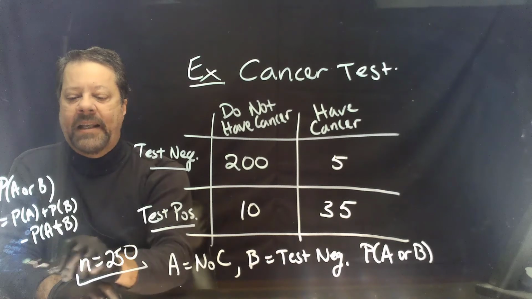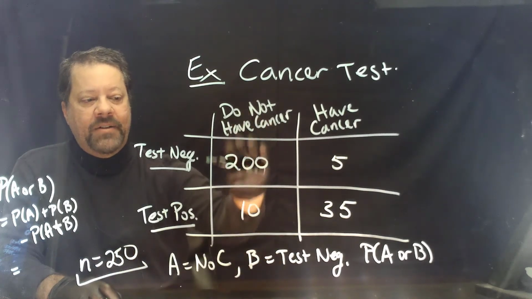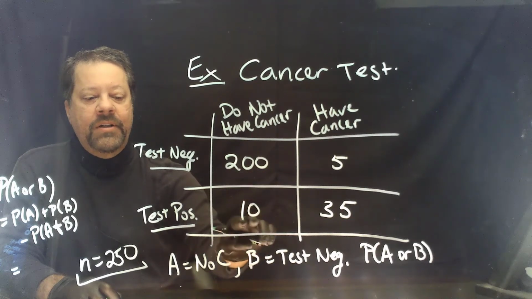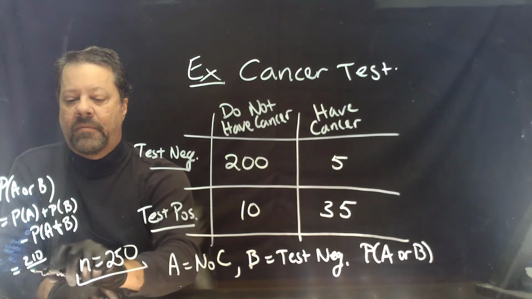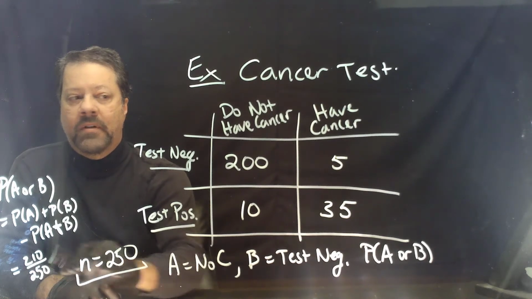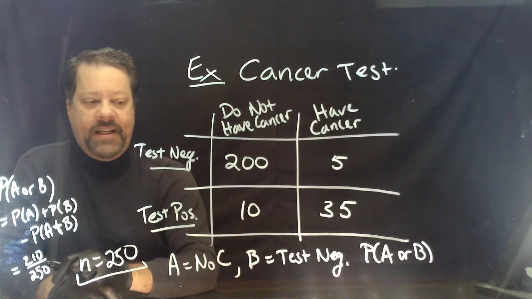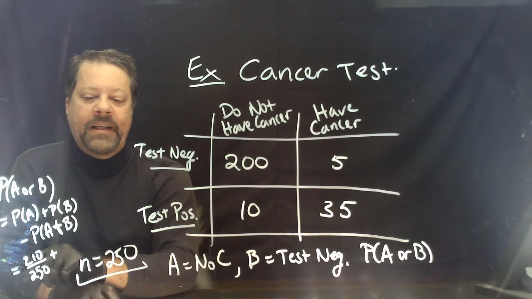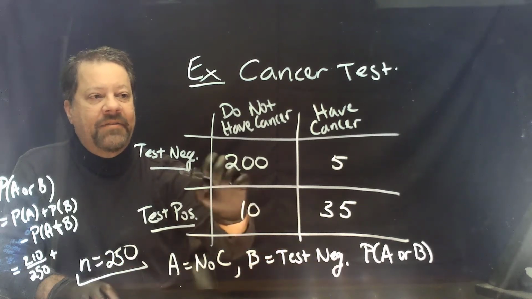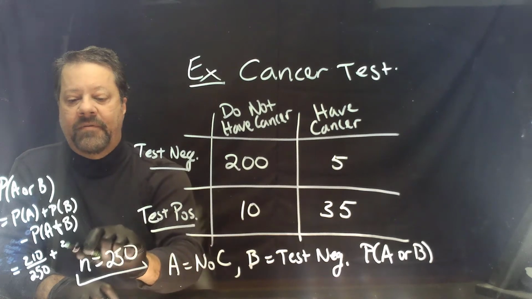Well, the probability for event A that you do not have cancer is 210 out of 250. There are 210 people who do not have cancer. The probability that you test negative is 205 out of 250.